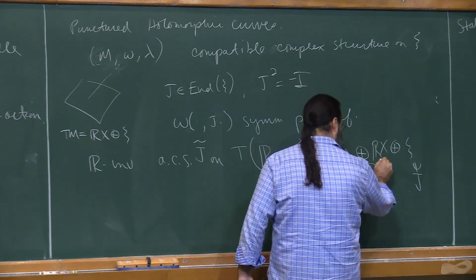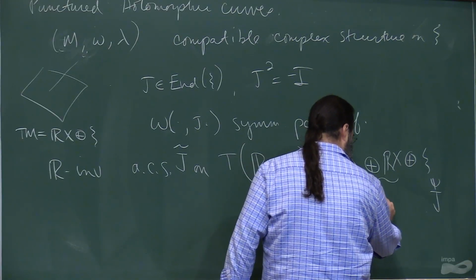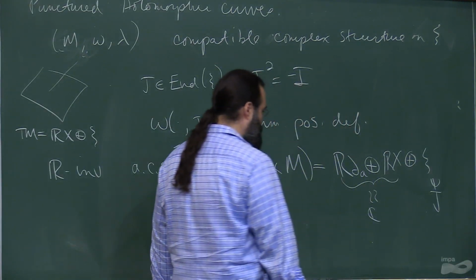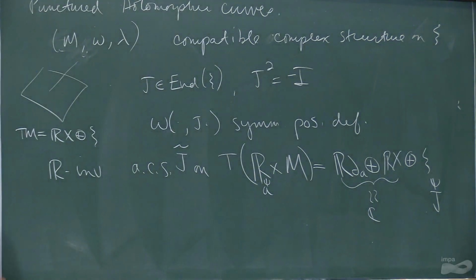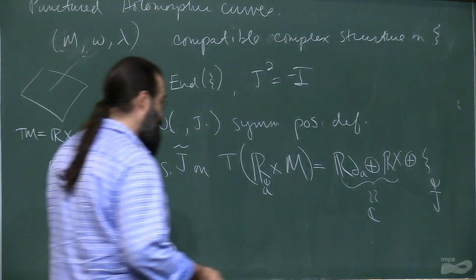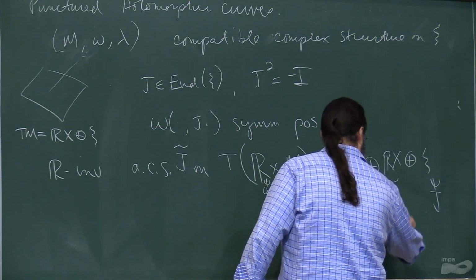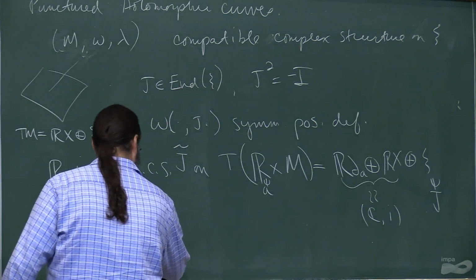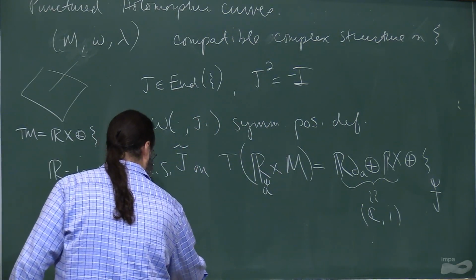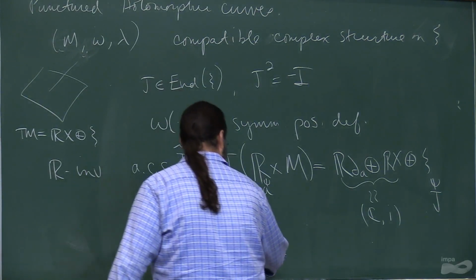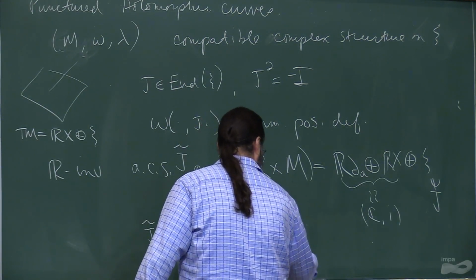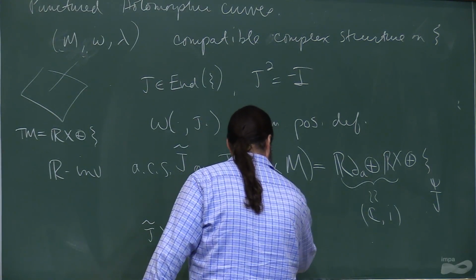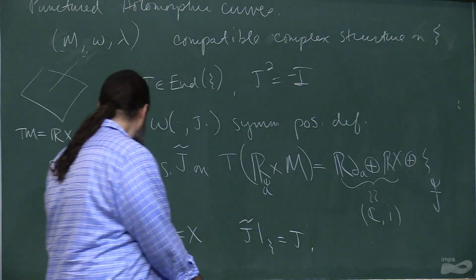And here, this is R plus R, we can essentially think of that as C. And so in the first component, we want it to just behave like I. Or more concretely, we can say J times dA is X, and then J on the hyperplane distribution is just the one we chose.